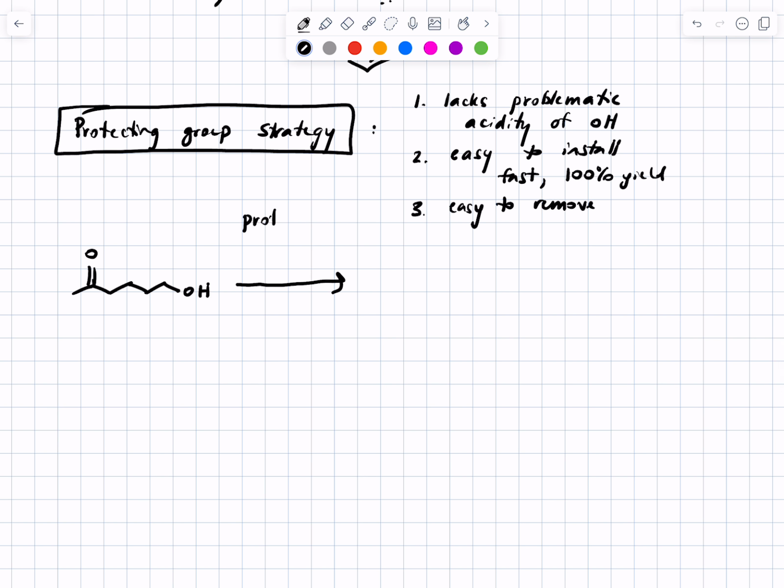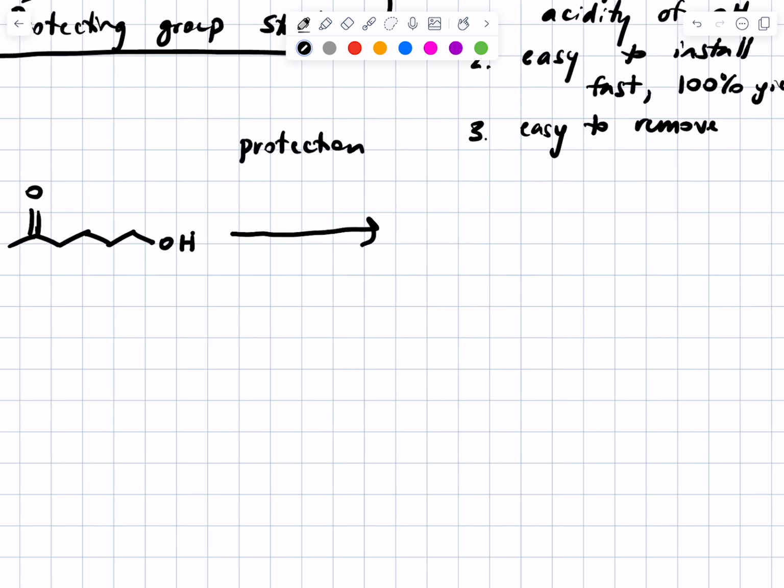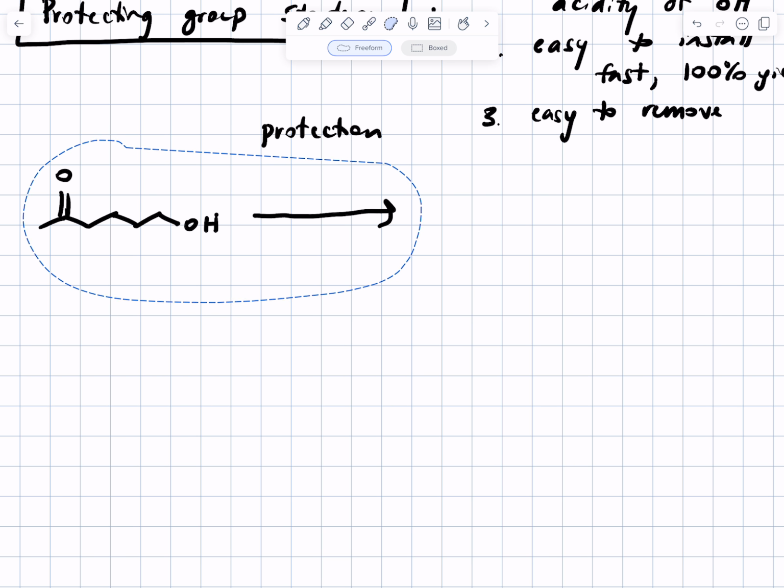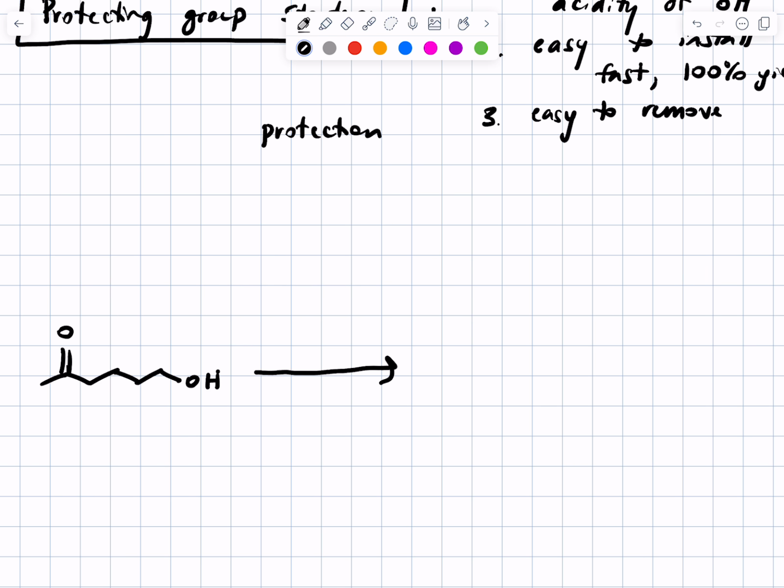So here is the protection step. It's going to use silicon, which you might think, when have we ever seen silicon before? Silicon is highly abundant on Earth. It is one row down in the periodic table from carbon. So like carbon, silicon is bonded to 4 things.